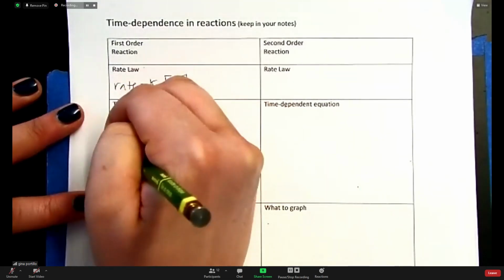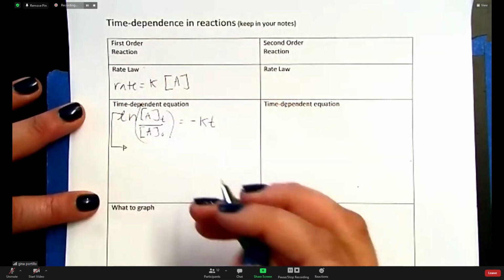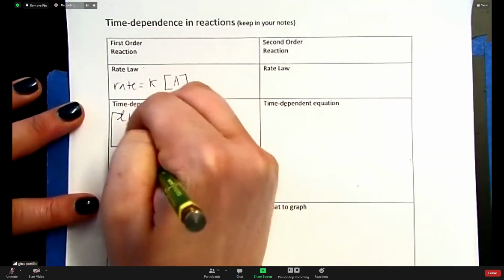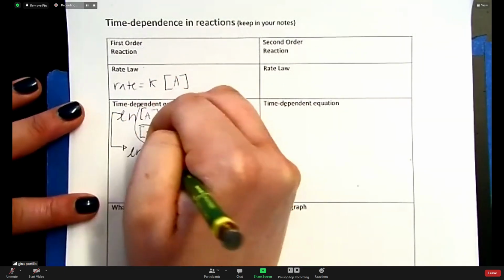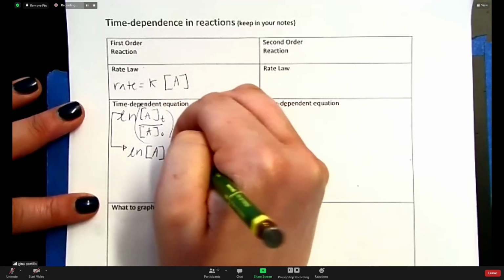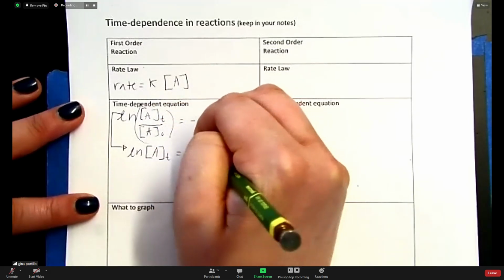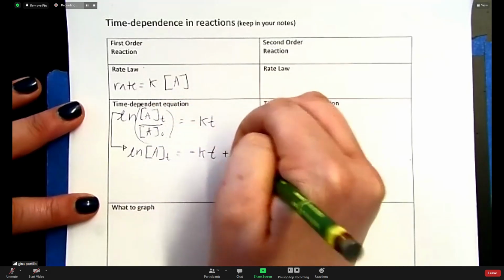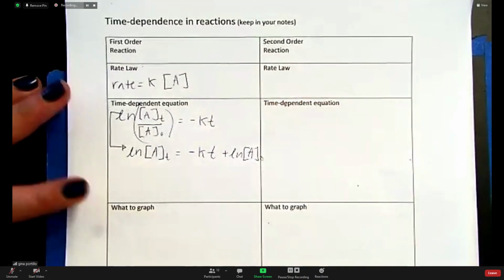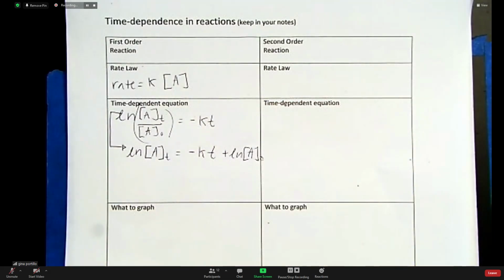Now let's rearrange it if we want to graph it and put it in that y equals mx plus b form. It'd be natural log of your concentration after some time is equal to negative k times time plus natural log of your original concentration.